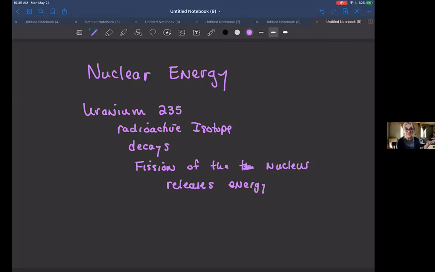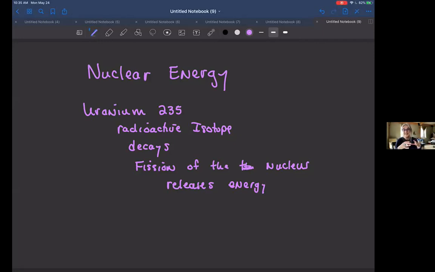And one of the good things about nuclear energy is that it does not produce greenhouse gases, right? So no carbon dioxide or very little carbon dioxide or other air pollutants are released. So when you go by a nuclear power plant, they have those big towers and you're like, what is coming out of the tower? And those are cooling towers, and it is just steam that is coming out.